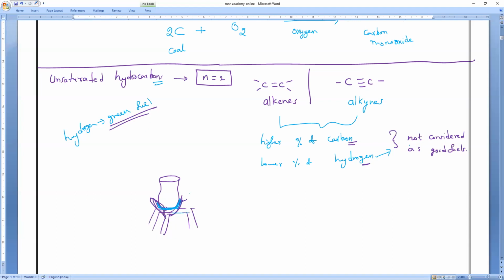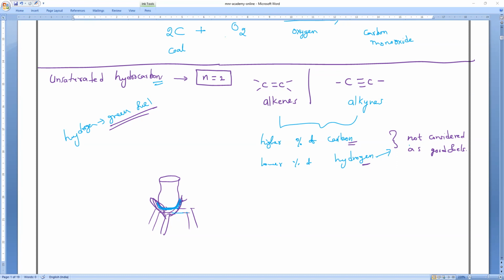Suppose you are cooking on the gas stove, you can see the bottom of the utensils will never turn black. Am I right, guys? Why? What is the reason? Is the gas a saturated or unsaturated hydrocarbon?